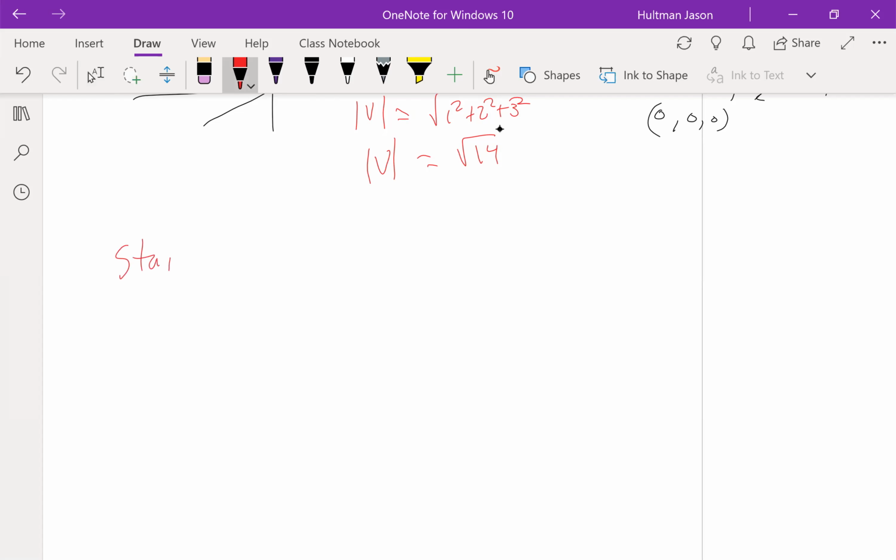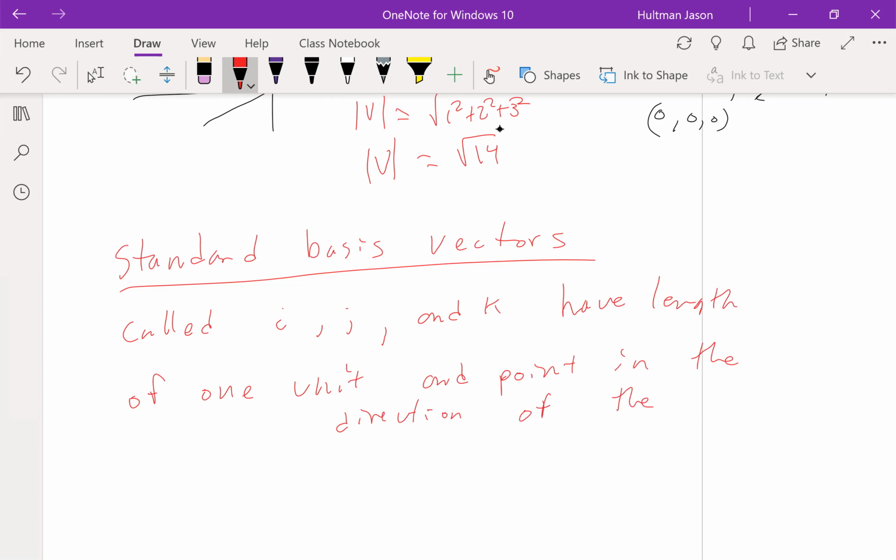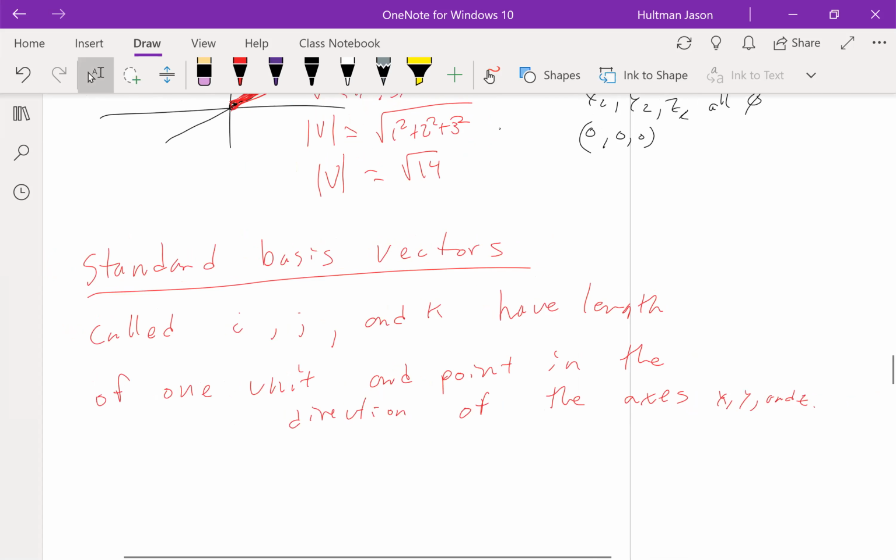Okay, let's talk about the standard basis vectors. We'll finish up here. The standard basis vectors are called I, J, and K. They have length of 1 unit, and point in the direction of the axes X, Y, and Z. Okay, so how does this work?